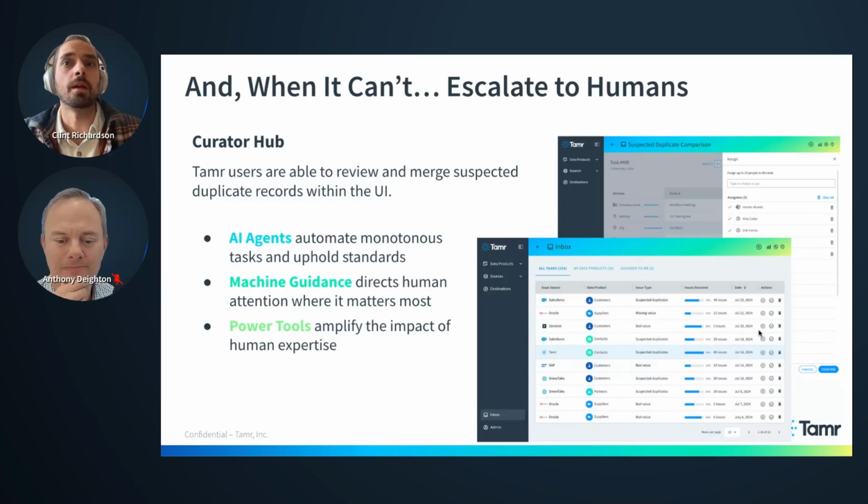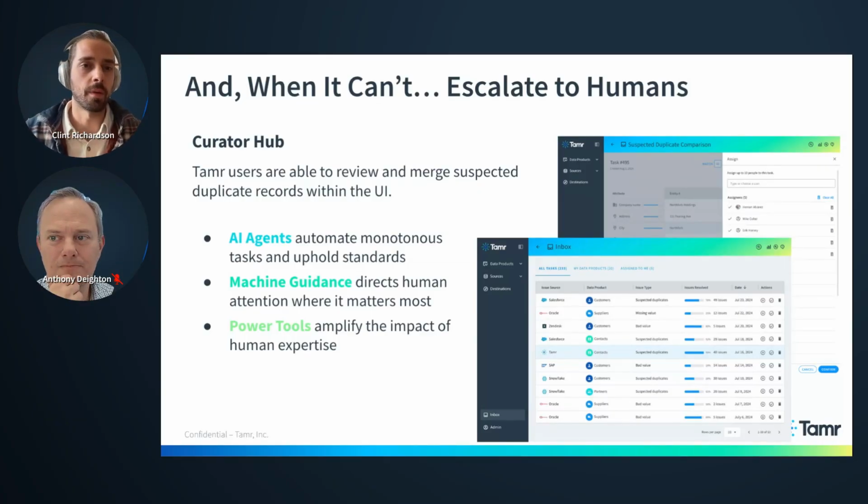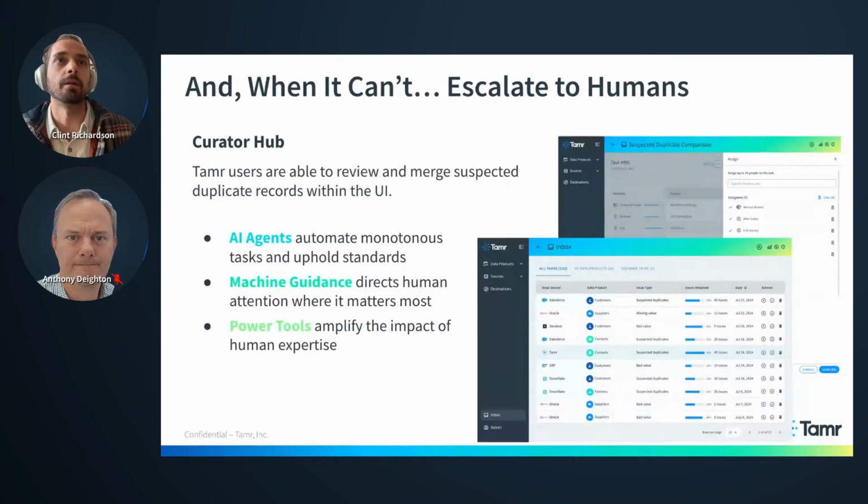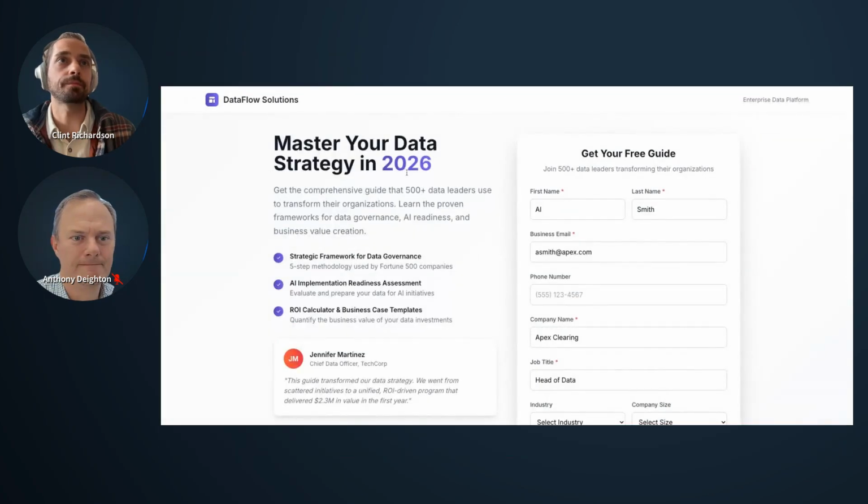So like we just saw, that is our homepage for the new curation experience inside of Tamr. It's a place where your human curators can collaborate with each other or with automatic processes, and also, again, where AI agents behind the scenes can do tasks for you and put them there for you to review later. And I'll talk about that with a demo.